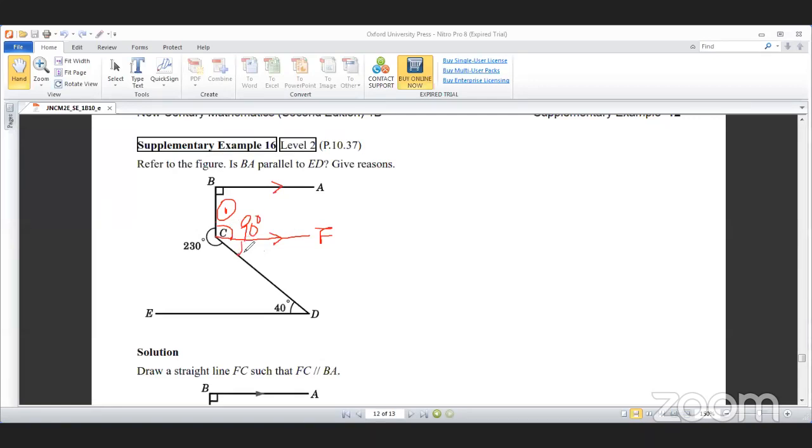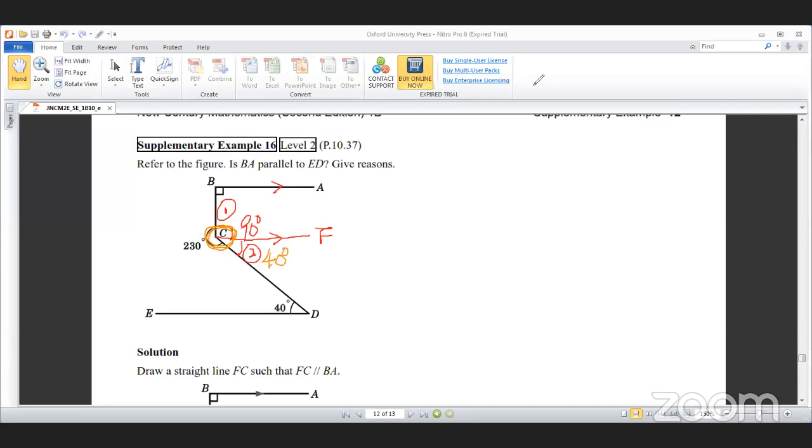Second step we need to do, we need to look at this part. Be very careful, we are looking at this part. Therefore we can find that this angle is 40 degrees.